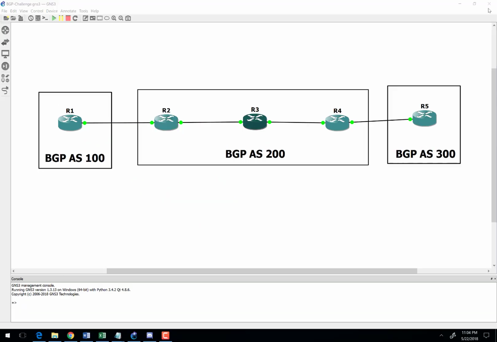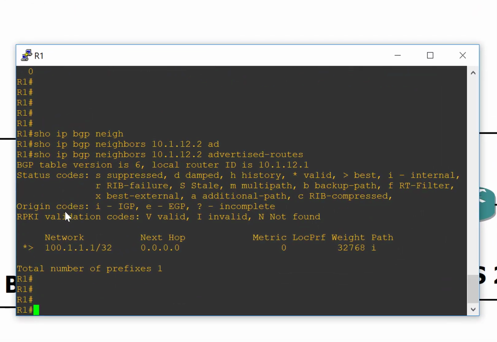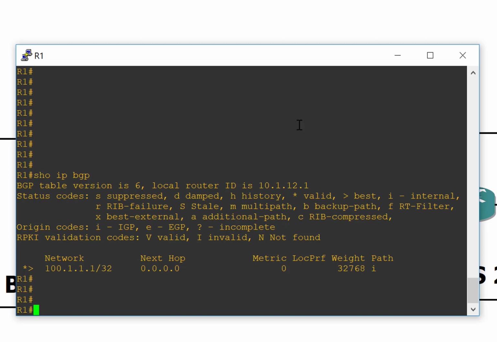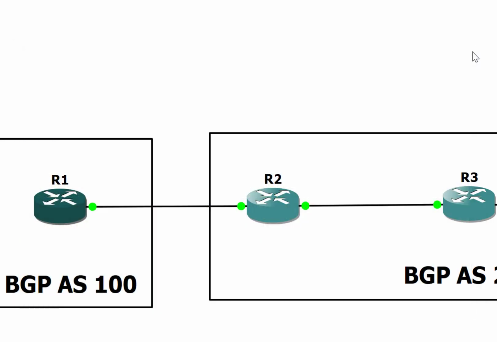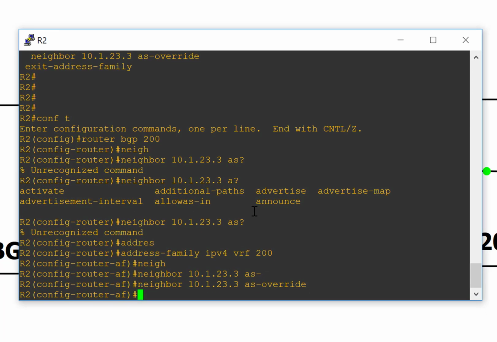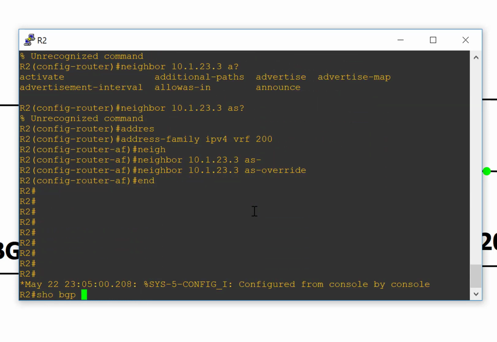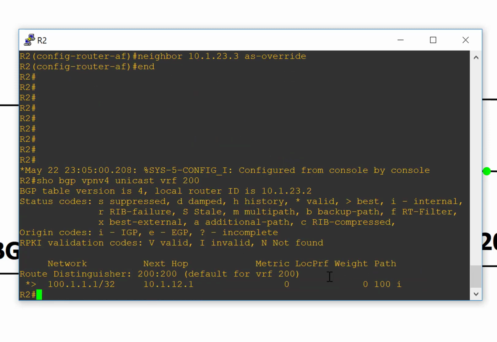Let's take a look at the show IP BGP on each of these. Router 1, show IP BGP. This is originating the prefix. Router 2, we're going to do show BGP VPN v4 unicast VRF 200.